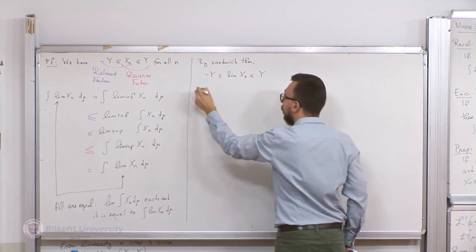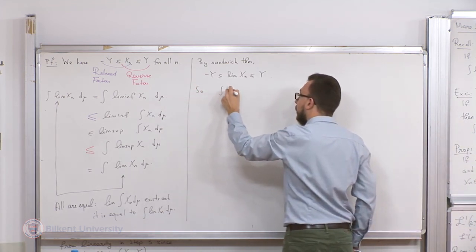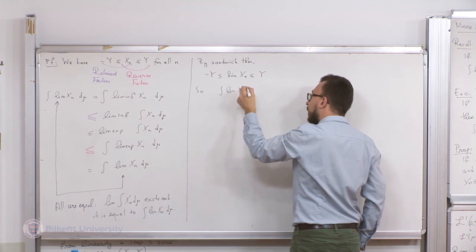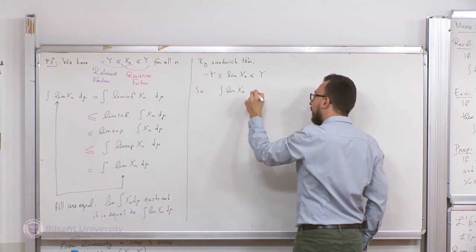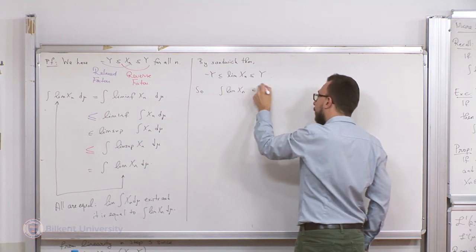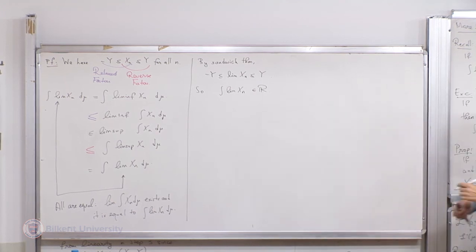So the integral of the limit is between plus and minus the integrals of y. Therefore, it is a finite number because y is integrable.